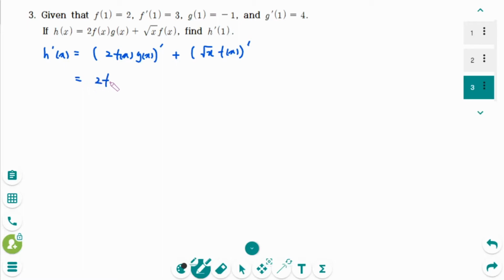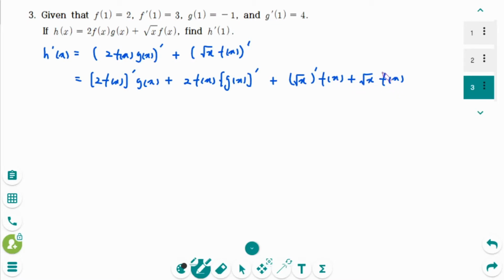So 2 times f of x prime g of x plus 2 times f of x times g of x prime, plus square root of x prime times f of x plus square root of x times f of x prime.